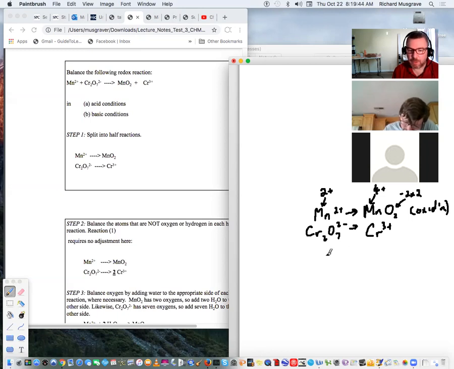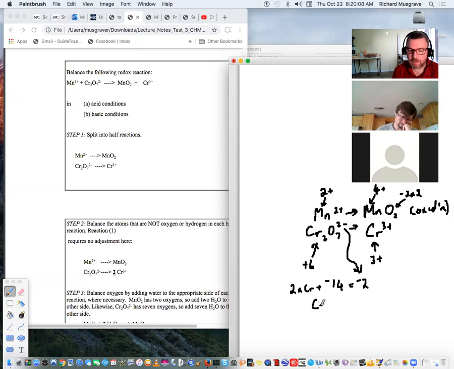So let's see if we can work out what the charge on chromium is. In the product, it's +3. In the reactant, it's +6. The way I know this is that it's 2 times Cr plus -14, and all of this has to add up to -2, which is the charge on the entire species.